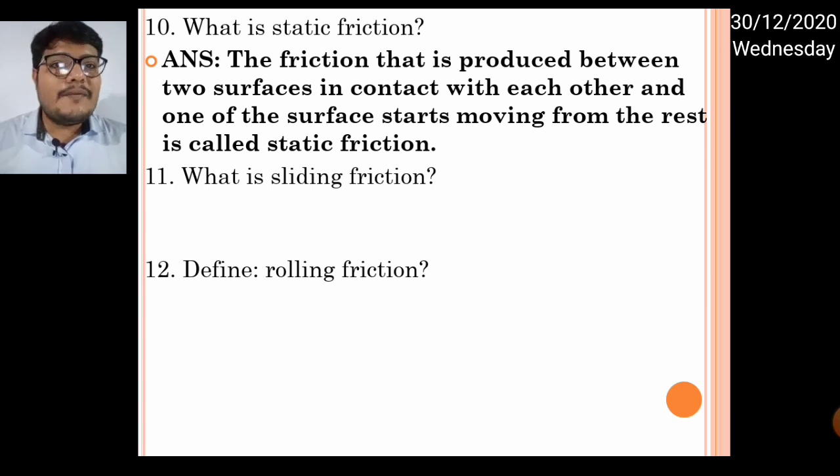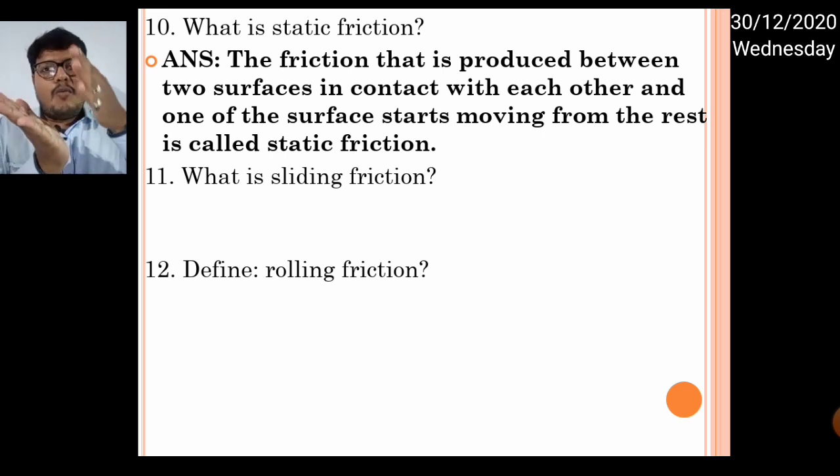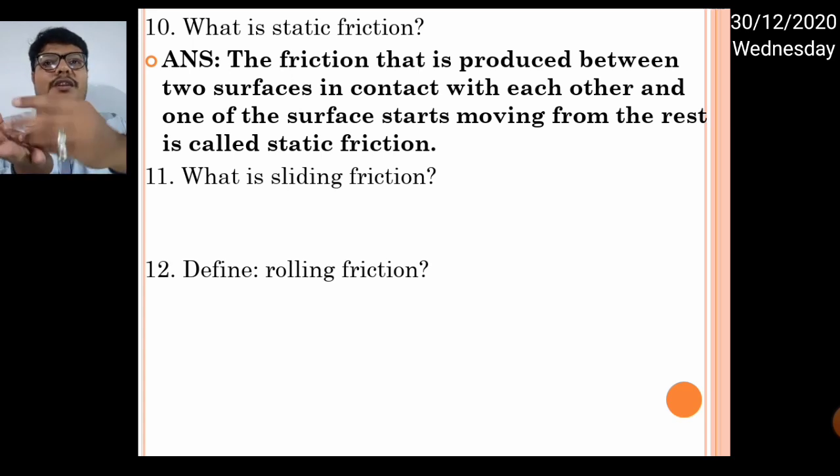Okay, see, sliding friction and rolling friction. Sliding means one body is sliding on the other body, right? And to keep that body sliding you apply some force, and the friction which resists that motion is your sliding friction. And when one body rolls over the other body, the resisting force is your rolling friction.